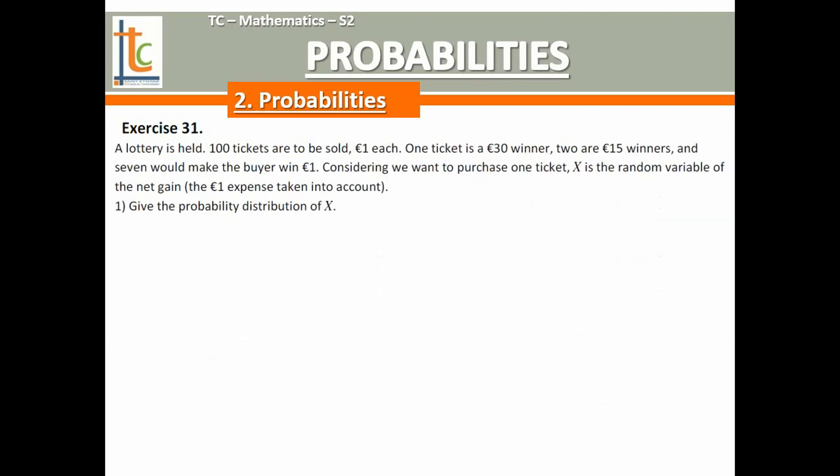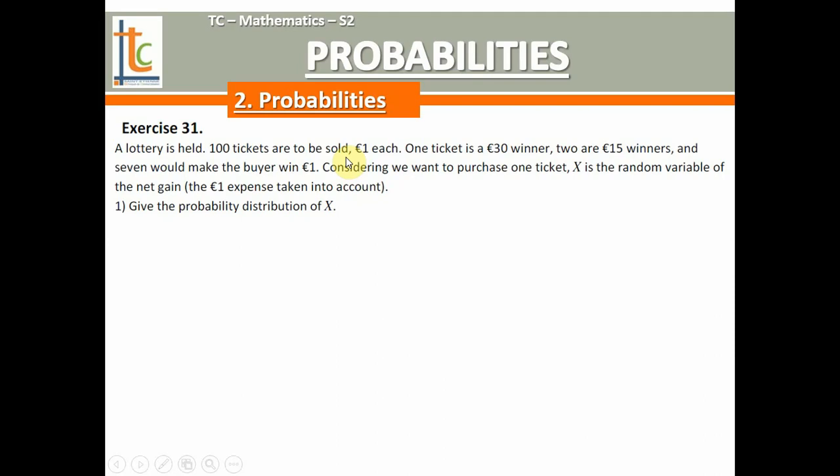Exercise 31 presents us a lottery that is held. That could be online, okay, in order to be able to consider a large number of players, online on a website. So 100 tickets are to be sold.